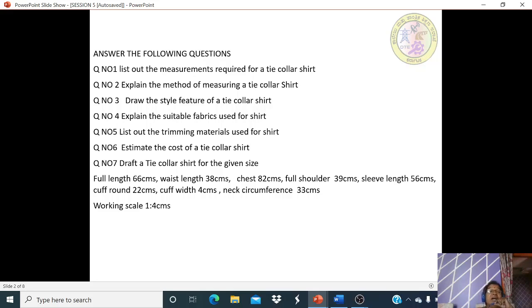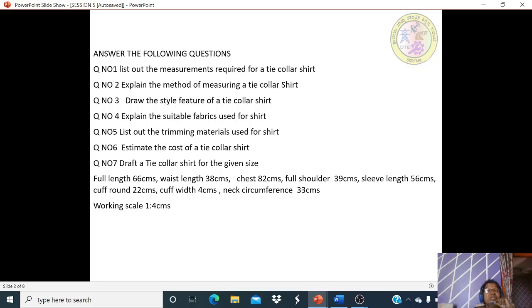In which media you want to color, color it and have a look at the style feature, how attractive it looks, because it is drawn by you. If you change the style feature, your pattern construction will also change. So give most importance to style feature.